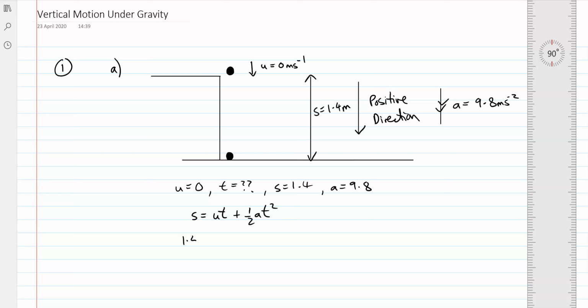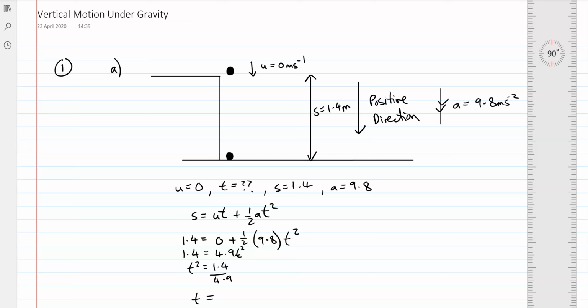And sub in. So U is 0, so this will be 0. A half, A is 9.8, and T squared is our time. So 1.4 is a half of 9.8, which is 4.9. And then divide by 4.9 and square root.